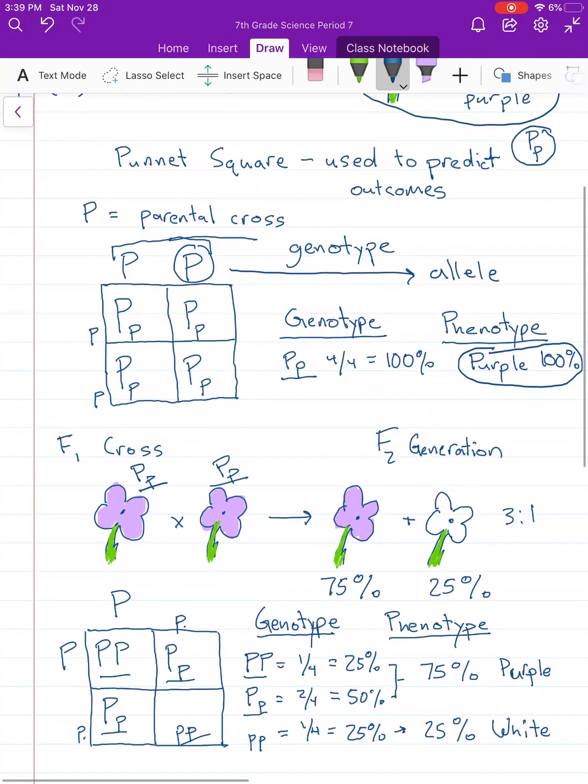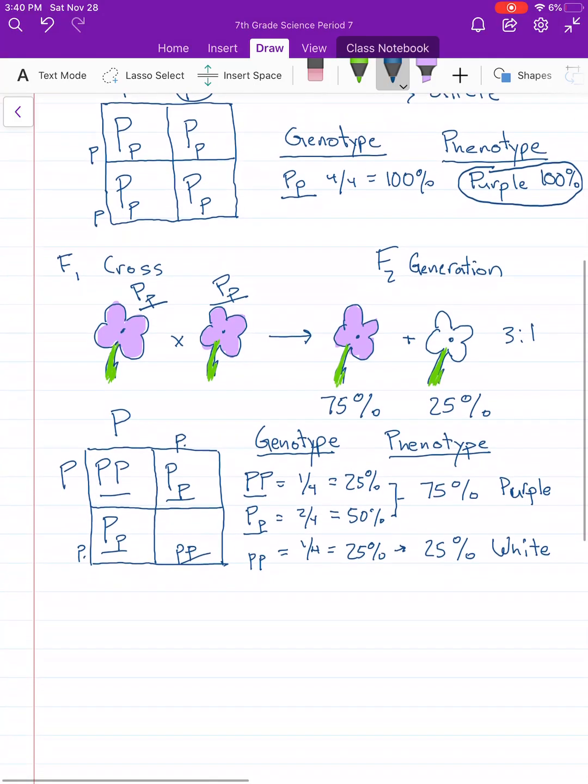Okay, and again, these words don't flow off the tongue easily until you use them. So I have an assignment coming up here where you'll actually read these terms out loud: genotype, phenotype, recessive, homozygous, heterozygous.